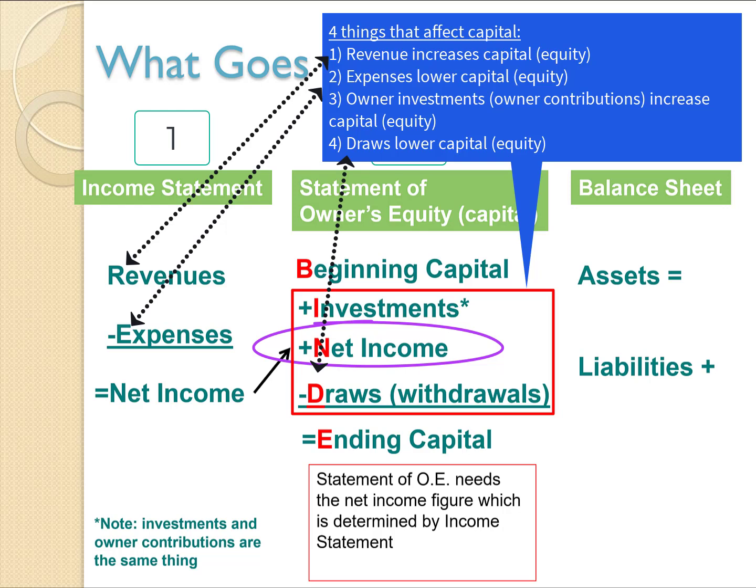And the fourth thing that we've not really talked about a whole lot, but we have done transactions with, are investments. So remember when an owner starts a business and they invest cash in the company? Remember how that increased the cash account and then increased the capital account? So these investments are another thing that affect equity, also called capital.